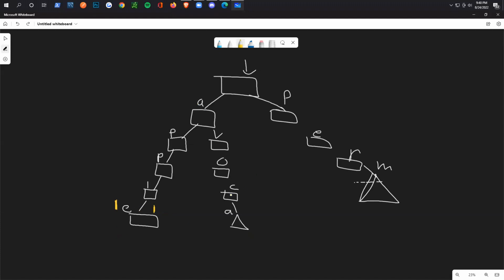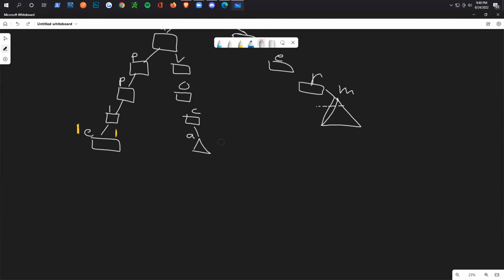Now, avocado. You know what? It's actually a better idea to just draw it out, so it makes more sense. So D, and then we have an O. Right here, we're going to have a 1 and a 1 again, because there's a word and the subtree has one word right here.